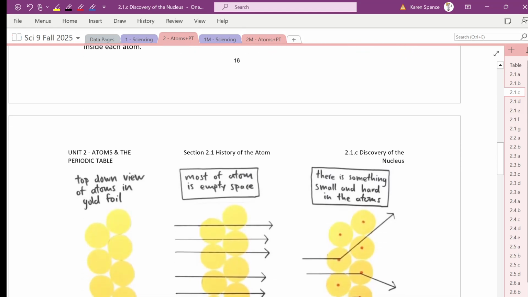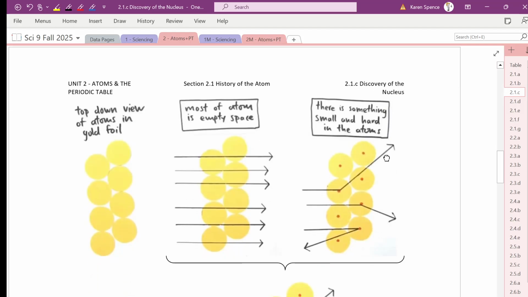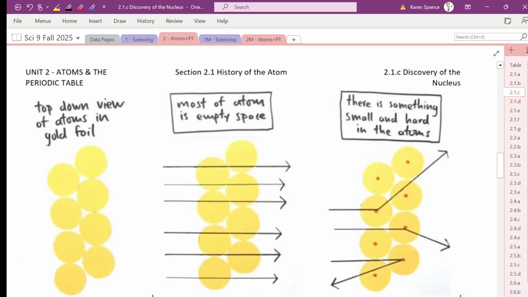And now we're going to watch Tyler again because he's going to talk about this. Oh, this is a nice picture. So we've got a top-down view of the atom. Most of the atom is empty space, so most of the alpha particles go straight through.